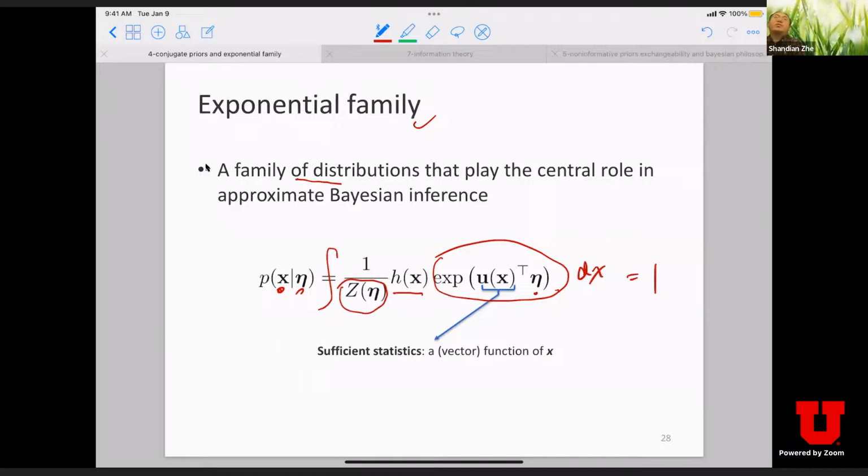So of course, I need some normalizer to ensure that. So z of eta is the normalizer. And this normalizer obviously is a function of eta, because when you do the integration over x, x just disappears, and the whole integral is determined by eta. That's why the normalizer should be a function of eta. Does it make sense?